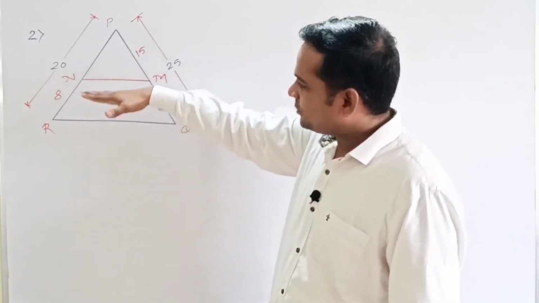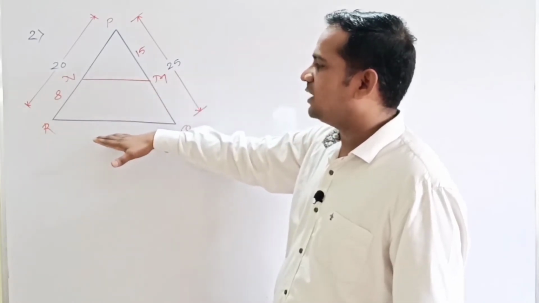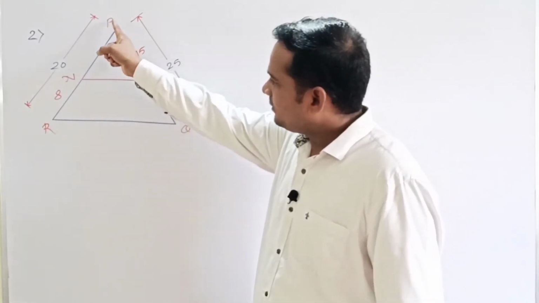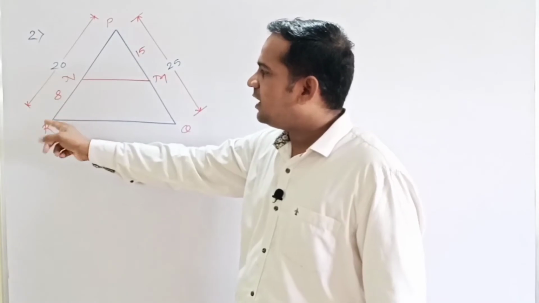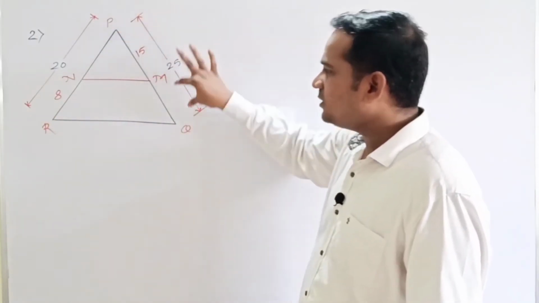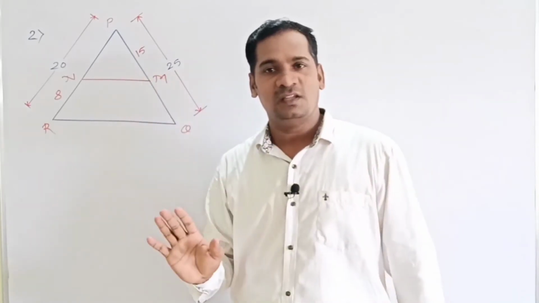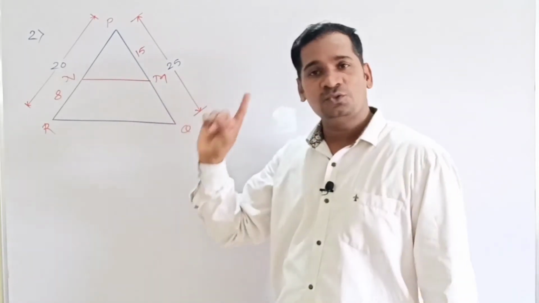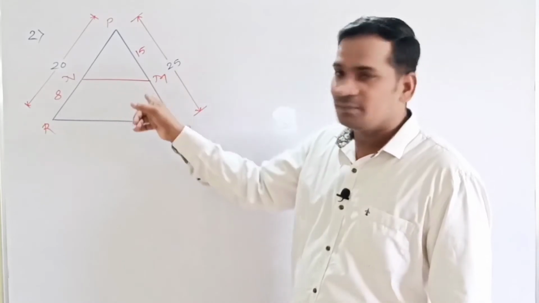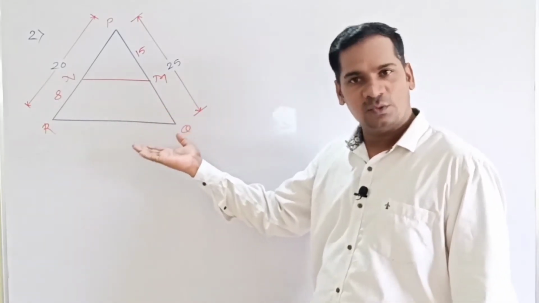That means if suppose this line NM is parallel to QR, then PN upon NR is equal to PM upon MQ. But in this case, we have to show whether that line NM is parallel to QR or not.